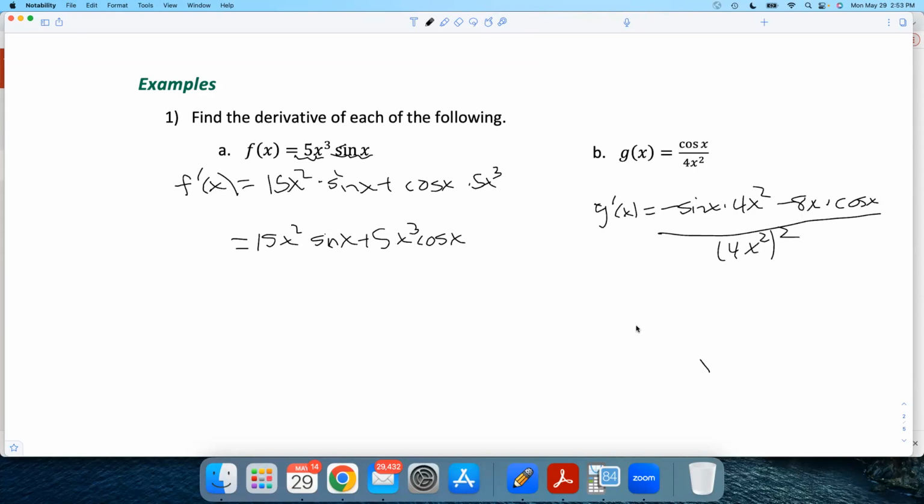And maybe we could clean this up. Maybe that would look prettier if I wrote this as negative 4x squared sine of x minus 8x cosine of x all over, what would we get here? 16x to the fourth. But either way is fine. Like the homework will accept it when you type stuff like this or like this. Okay, that's a good place to stop here.